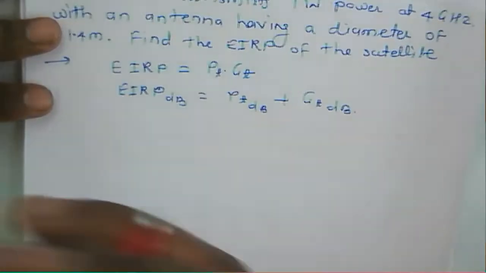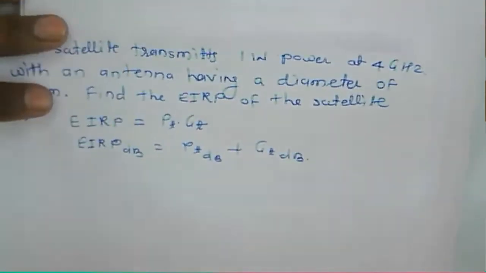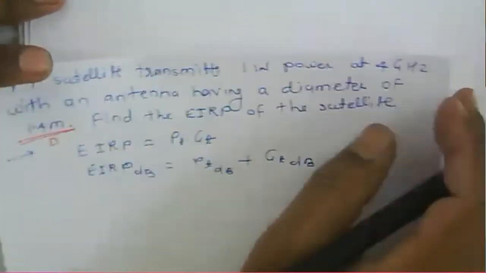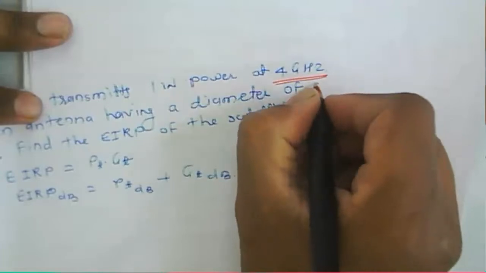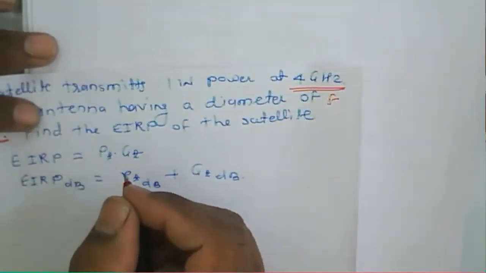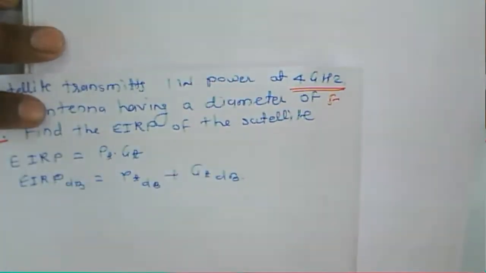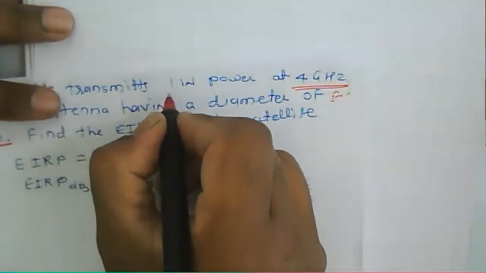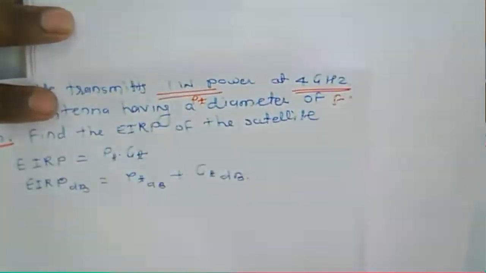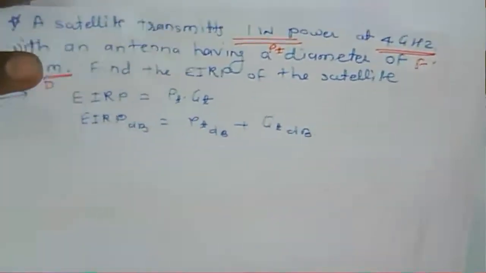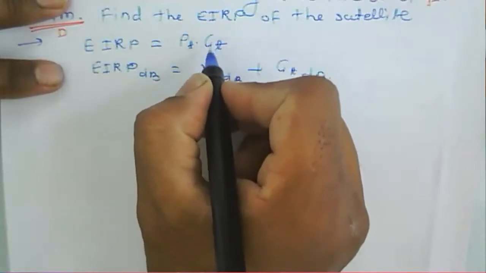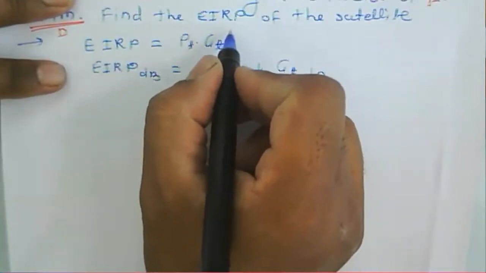Now if you see the given terms, we have the diameter of the antenna, D. Then we have the frequency F, 4 gigahertz, from which you can calculate lambda. The transmitted power PT is given. Our aim is to find out only GT here, the gain of the transmitting antenna.